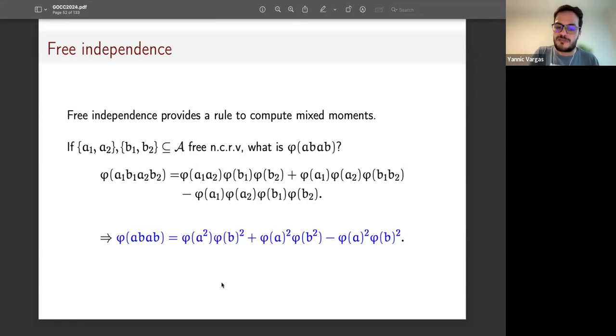So again, here is a setting for which A and B are free, but I want to look at this mixed moment, and phi cannot split in this naive way. It is more elaborate than that. In this case it is this sum.